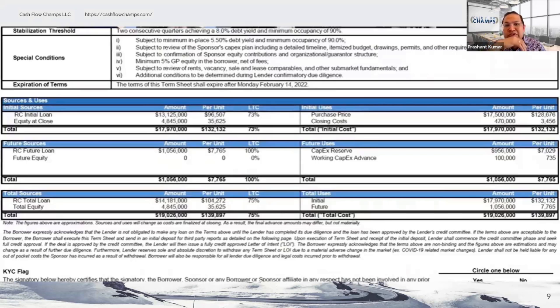In this case, they are even giving what is going to be our initial sources and uses, right? My initial purchase is this much. My closing cost is this much. This is my total use, right? What is the source? Sources are the initial loan and equity to close. Similarly, for future uses, this is the capex, and this is the working capital in advance.